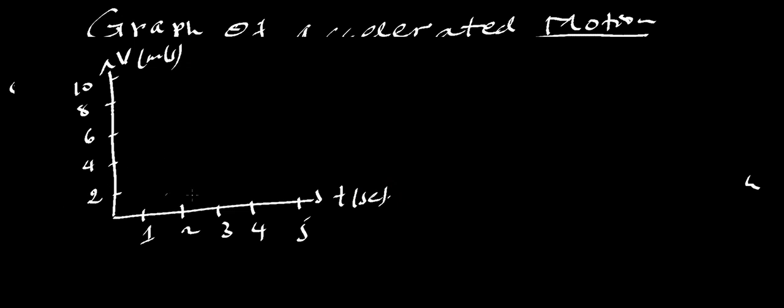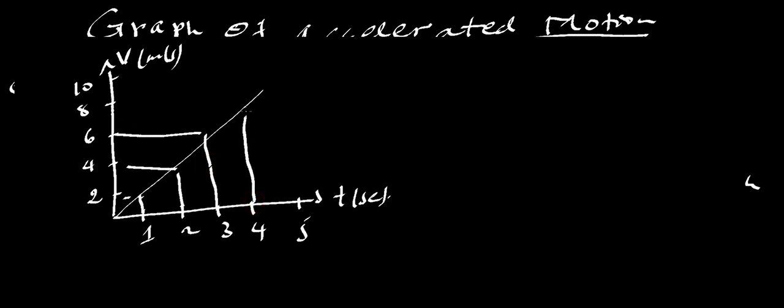Now we can take any point. The graph looks like this. At 1 second it is 2, at 2 seconds it is 4, at 3 seconds it is 6, at 4 seconds it is 8, and at 5 seconds it is 10 meters per second.